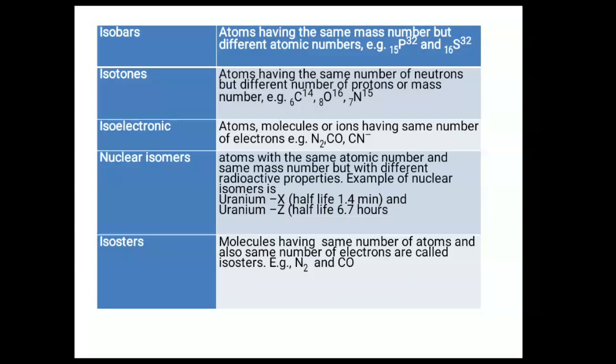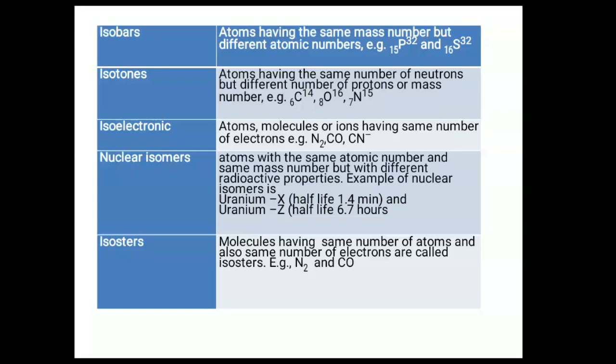Next is isoelectronic species. Iso means same. Electronic means electrons. So when different atoms have got the same number of electrons, then they are called isoelectronic. Now definitely the different atoms have different number of electrons, so it will be different types of ionic species. So for example, N2.